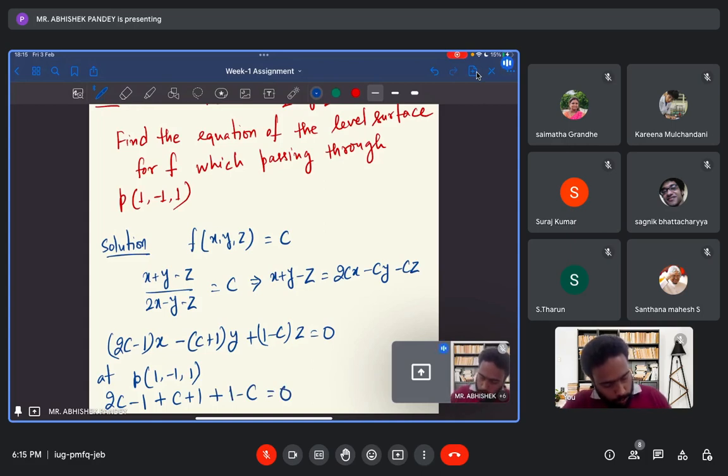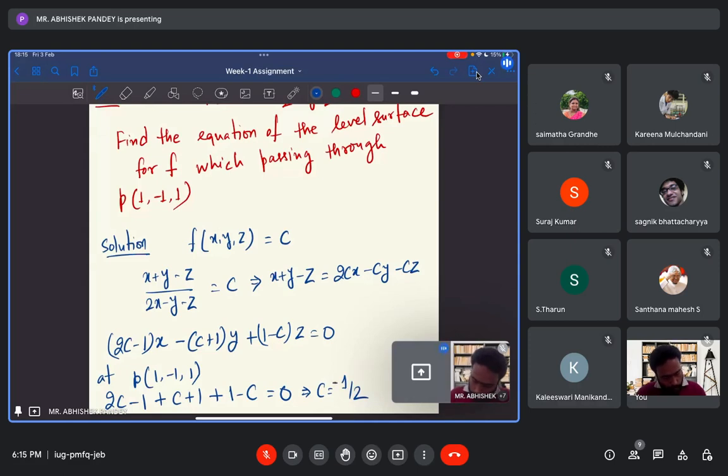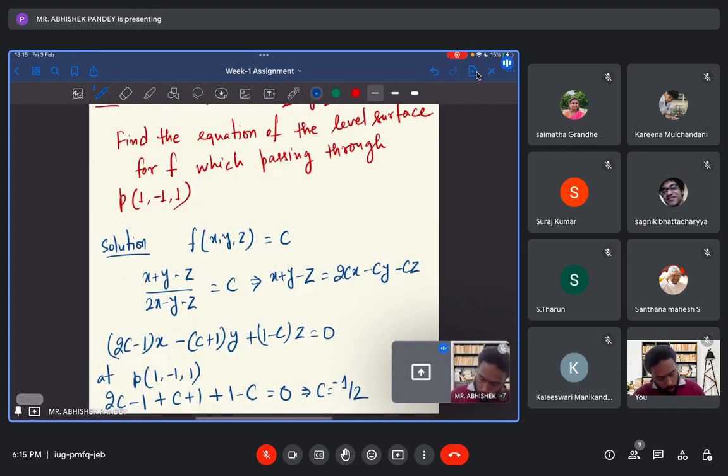So from here you will get c equals 1 by 2. If I am making any calculation mistake, please let me know. I think this is correct; c got cancelled, so it will be c equals minus 1 by 2. So now you got c equals minus 1 by 2.